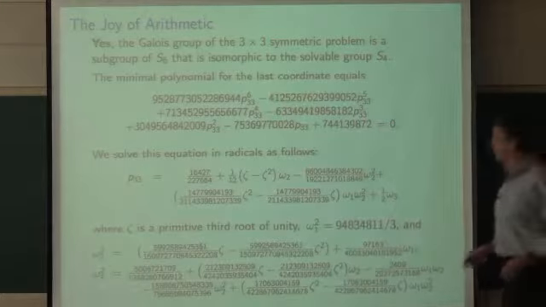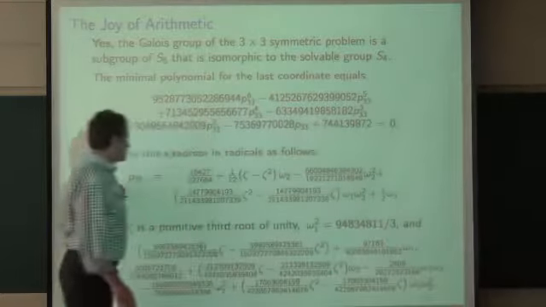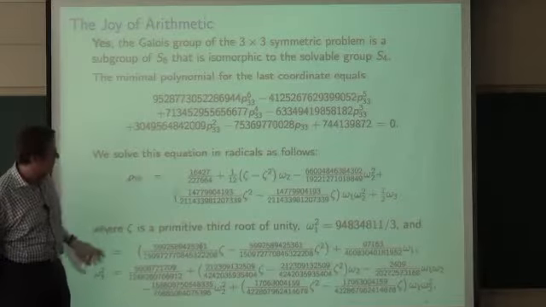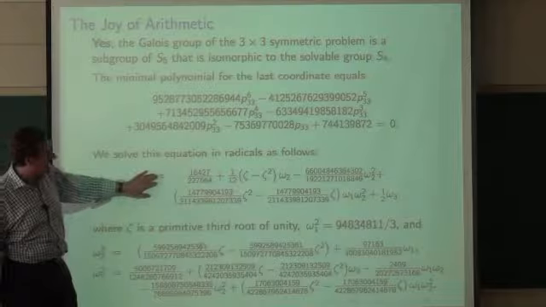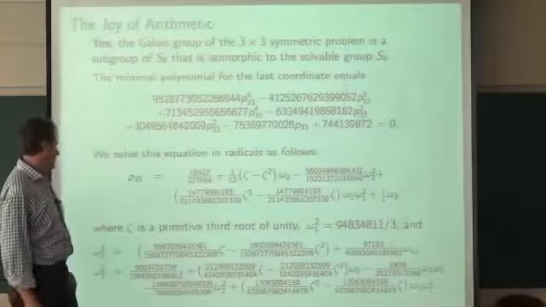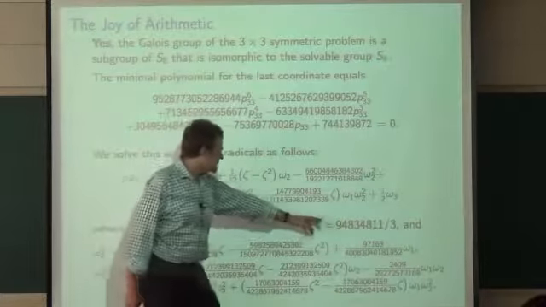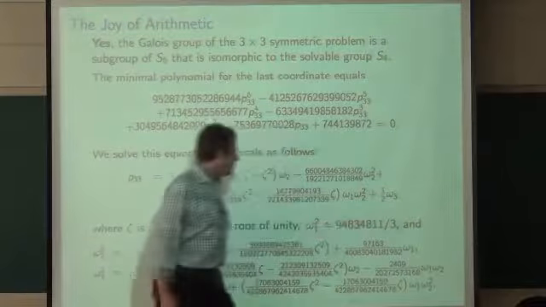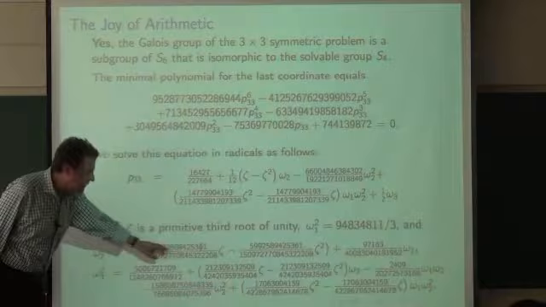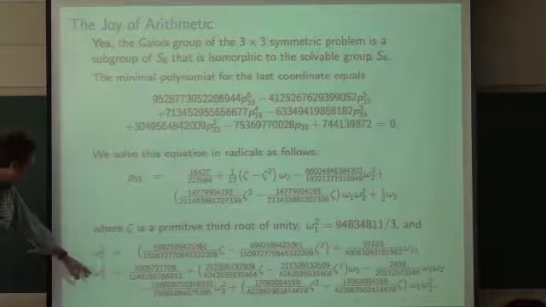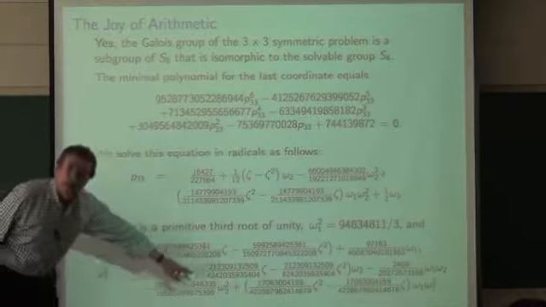So P33, the solutions are like this. Zeta is a primitive third root of unity, and omega 1 is the square root of this rational number, omega 2 is the cube root of this number, and omega 3 is the square root of that number.